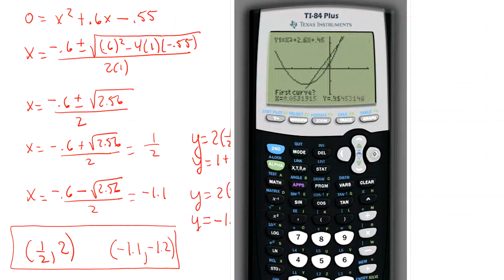First curve. Sorry guys, a little slow. Okay, so first curve, hit enter. Then it goes to the second curve, hit enter. And then it says guess, hit enter again. And then we have an intersection of 1/2, 2. So we've checked our points and they are correct.